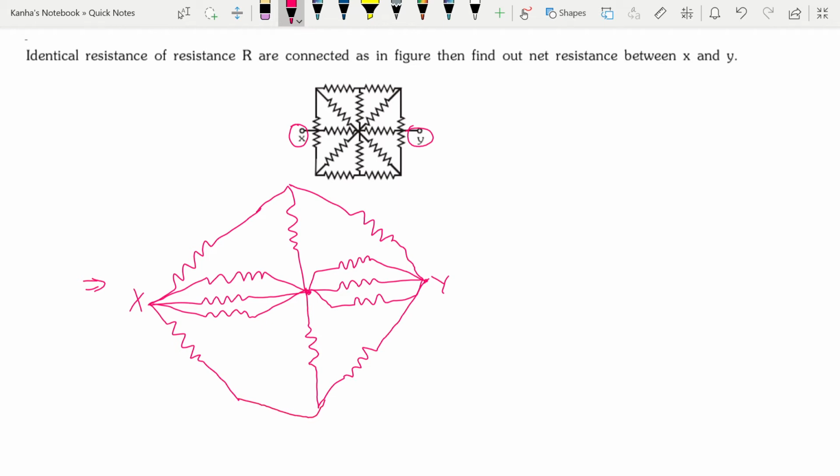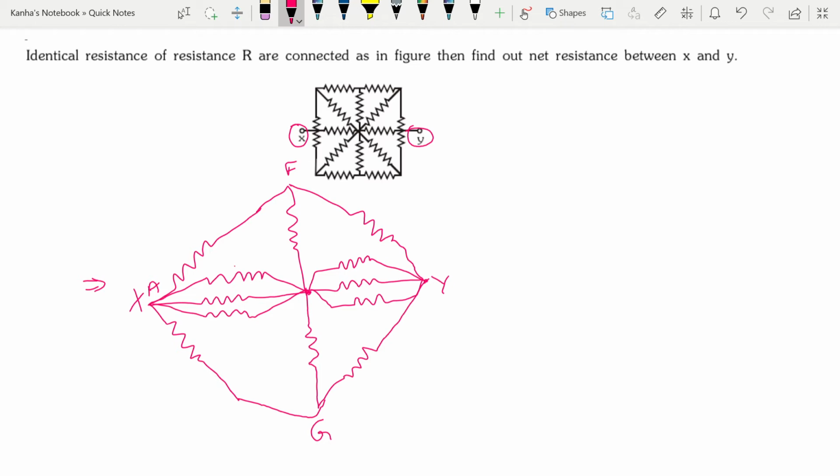Okay, so let me just mark these points. Mark this as A, this as G, this as F, this as Y, and all these resistances are R.